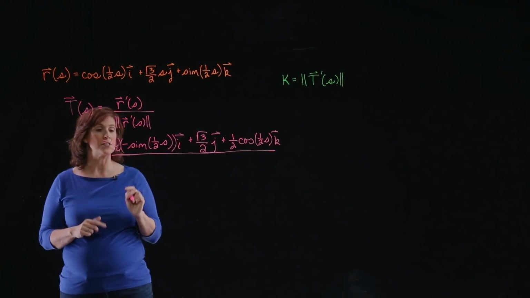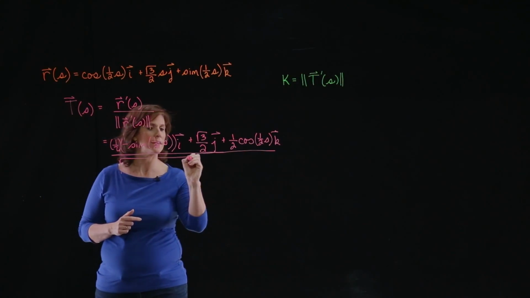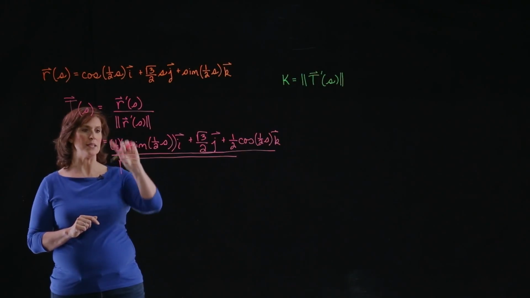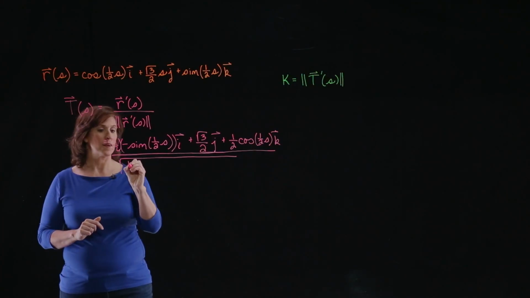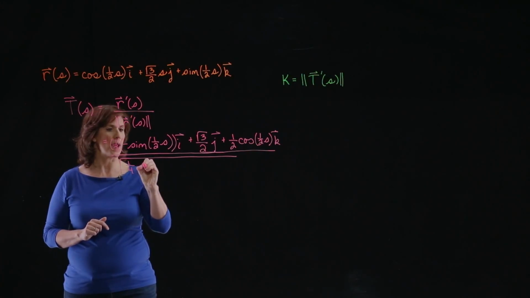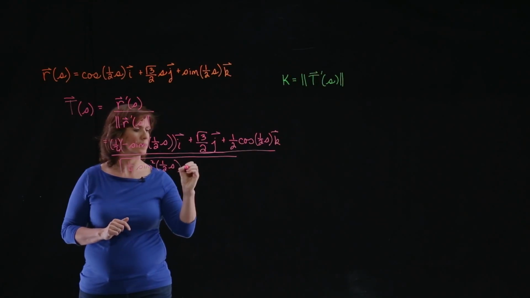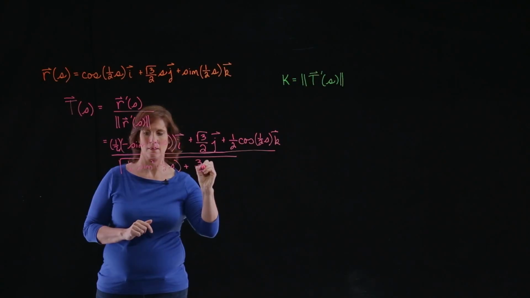So the norm, remember, is going to be the square root of the sum of the squares of each of those components. When I take this piece and square it, I'm going to get 1/4 sine squared of 1/2 s. When I square this component, I'm going to get 3/4.